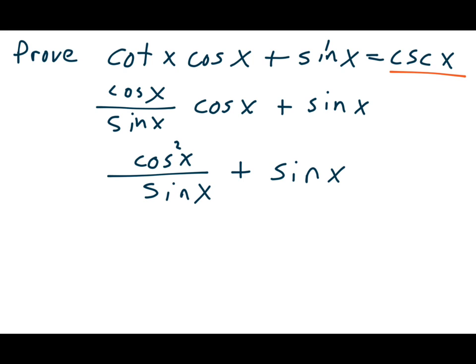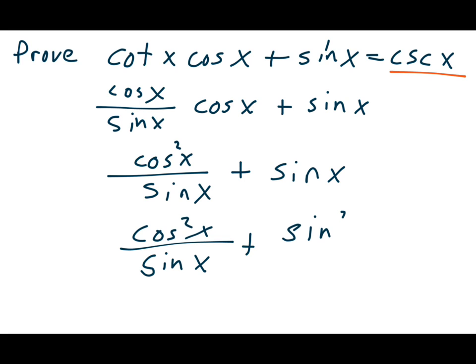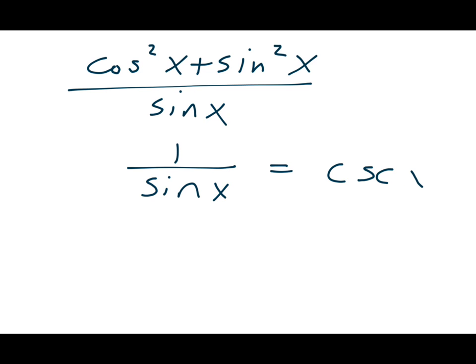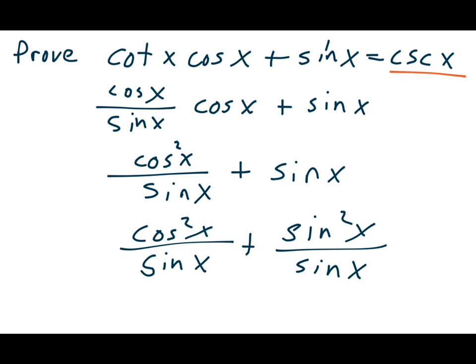So that's going to be cosine squared x over sine of x plus sine squared x over sine of x. That's just getting a common denominator. So when we combine those, we have cosine squared of x plus sine squared of x all over sine. And then that on top equals 1, which gives me cosecant of x. And that's what we needed it to equal up there.